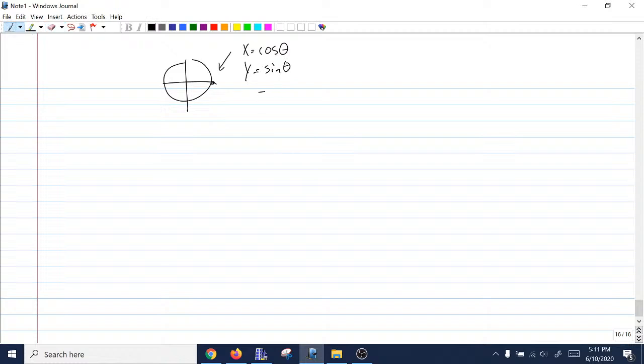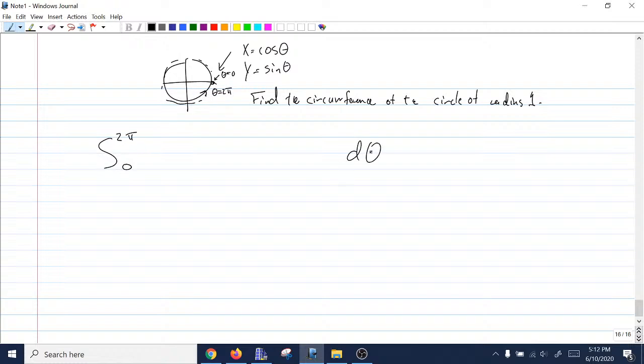Let's find the circumference of the circle of radius 1. So we want to integrate. If I'm going around the circle once, I'm going to go from theta equals 0 to theta equals 2 pi. So 0 to 2 pi d theta.